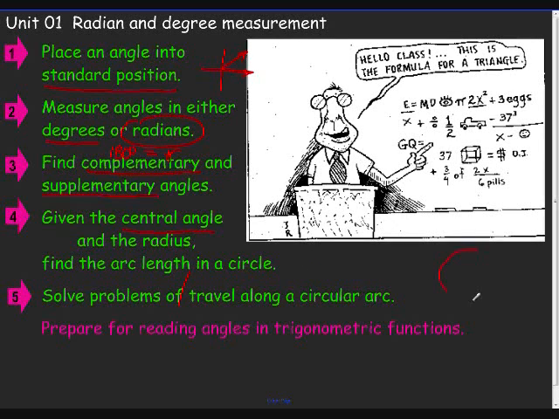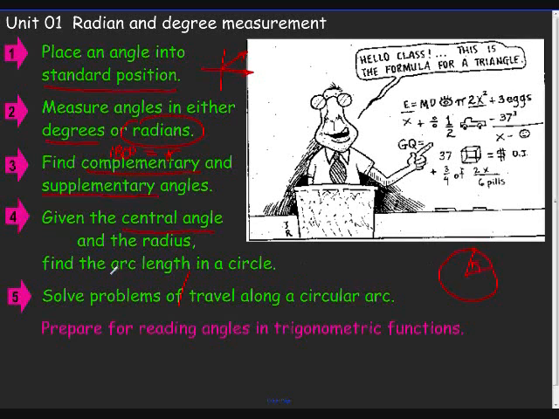That's, of course, in a circle. It's called a central angle because its vertex is at the center of the circle. So a central angle is located with its vertex here and has as its rays the radius of the circle.